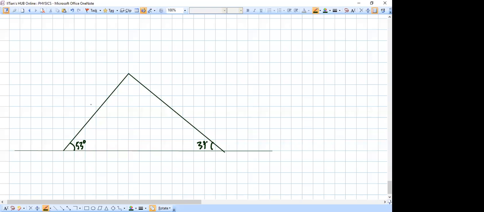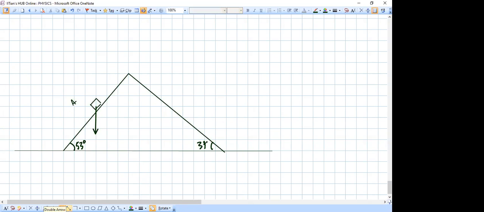So when I consider this block A, what forces will be acting on it? There'll be its own weight. So weight is acting vertically downwards.